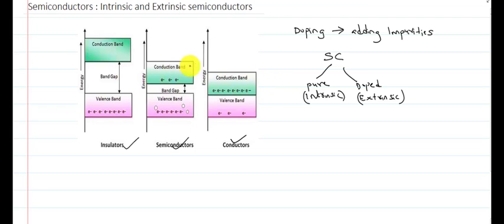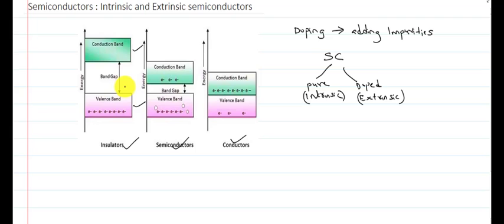The topmost band is known as the conduction band, and the bottom band is known as the valence band. Normally the valence band will be completely filled with electrons and the conduction band will be empty. The difference between the conduction band energy and the valence band energy level is known as the band gap or forbidden energy gap.